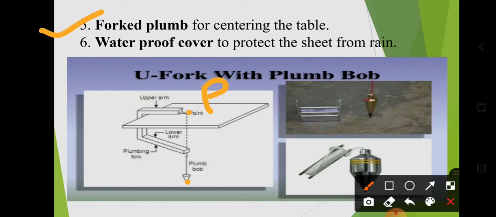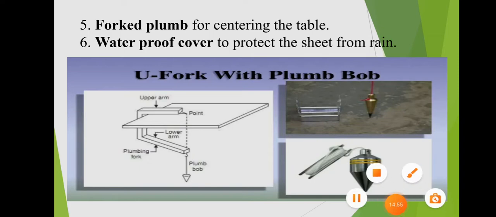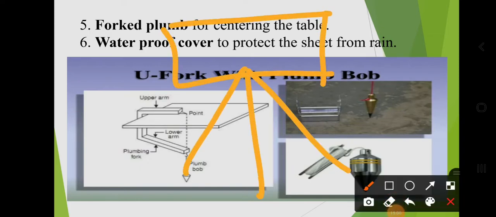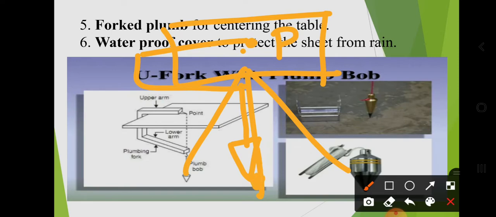This is a plumb bob having an upper arm, a lower arm, and this plumbing fork. With the help of that, when we are fixing the plane table on the tripod, this U fork will show the center of the paper, and we will mark that center exactly with the help of the plumb bob. We are fixing the ground station and the arrow, measuring the distance from this center, and drawing the distance from this center, then it is correct.